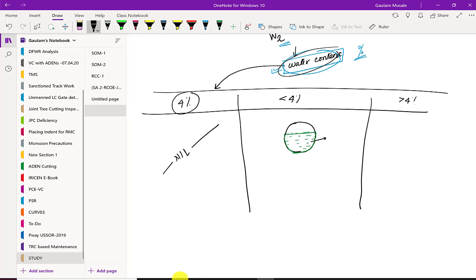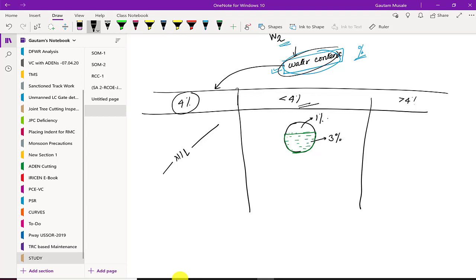Let us say this is 3% and this is 1%. If it would have absorbed the full amount of water, then this would have been 1% plus 3% equal to 4%, and I would have obtained my SSD condition. But since it is occupying 3%, I will say it is in possibility number 2, that is the water content is less than 4%.